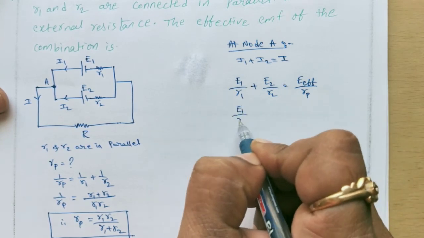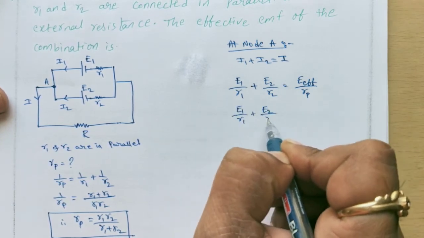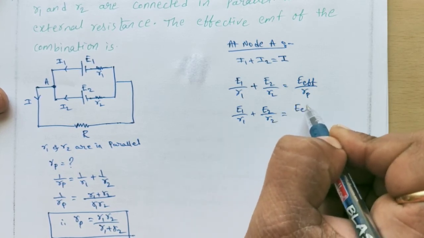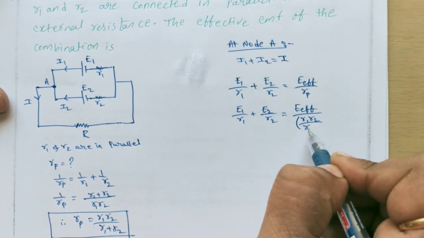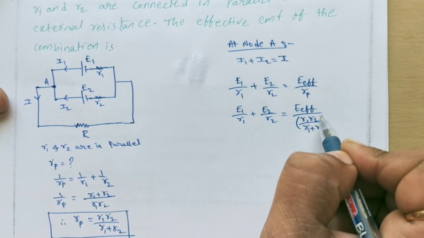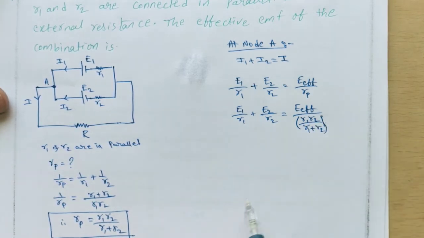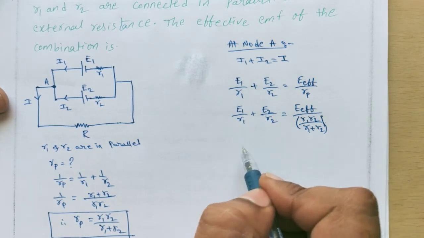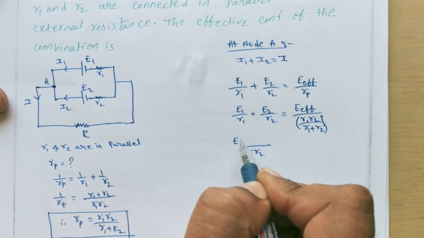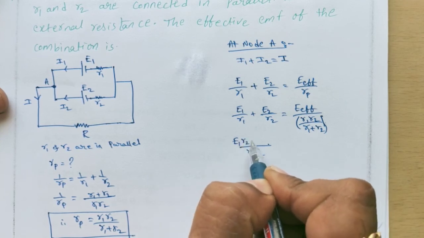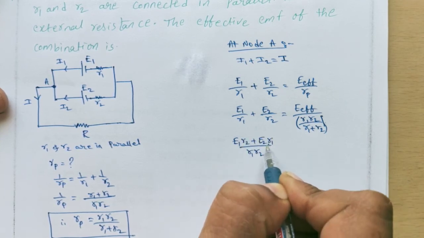Here E1 divided by R1 plus E2 divided by R2 is equal to E effective divided by R1 R2 divided by R1 plus R2. This is the thing. So now onwards just simple mathematical calculations. Here the LCM is R1 R2. Now here we are getting E1 R2 plus E2 R1.